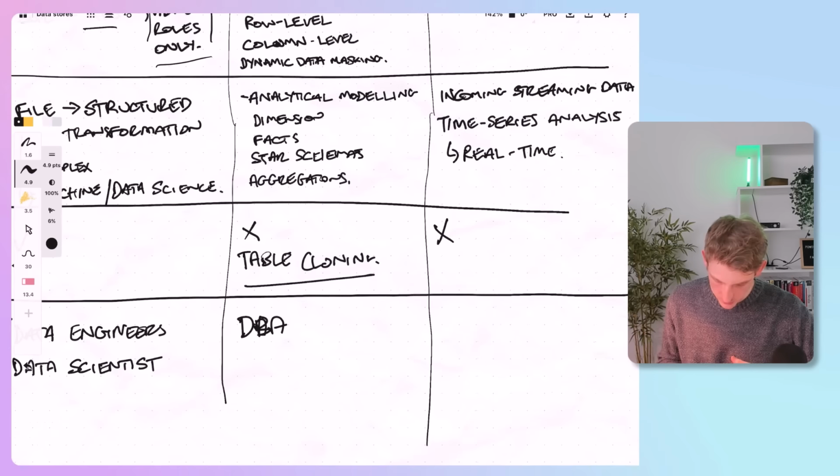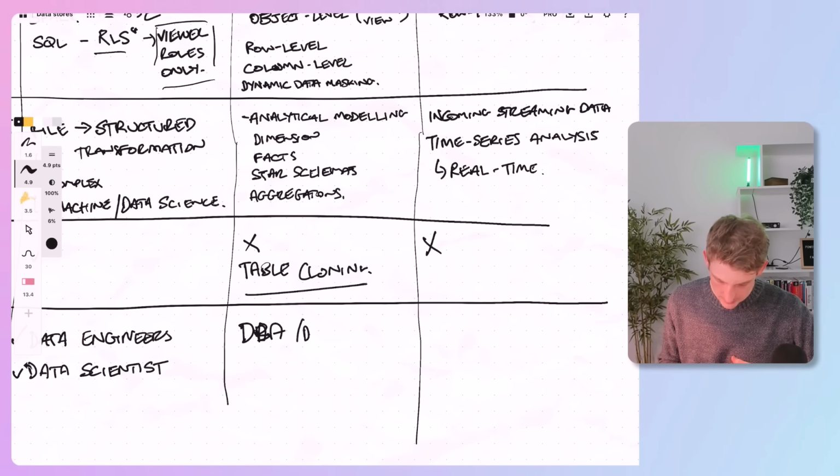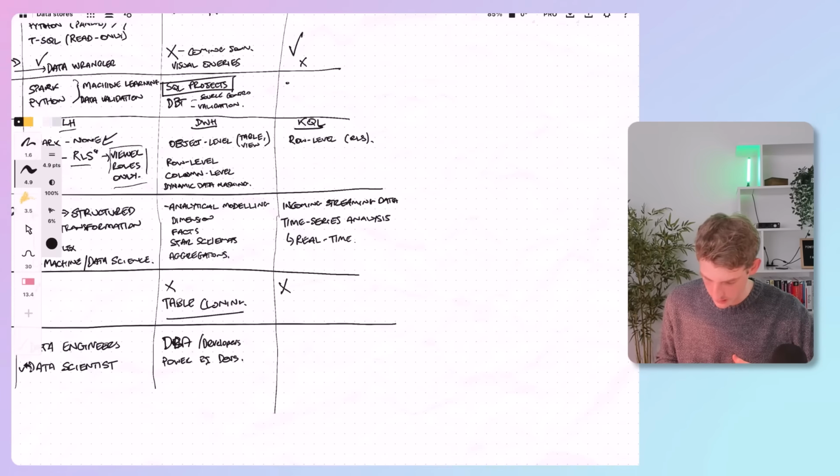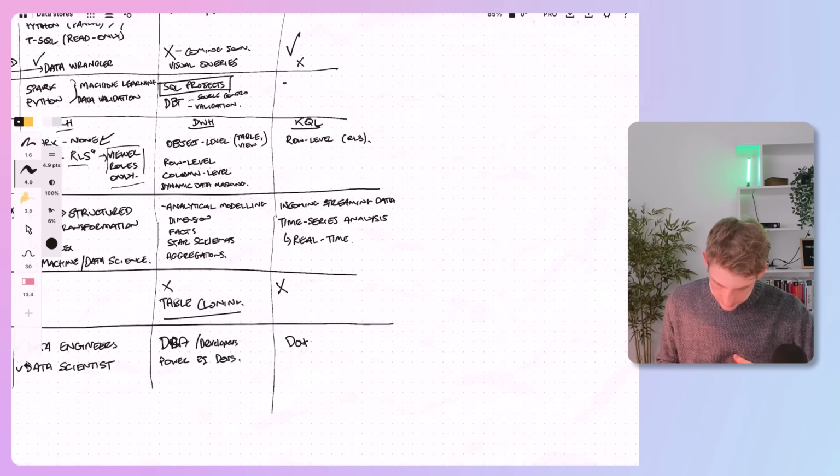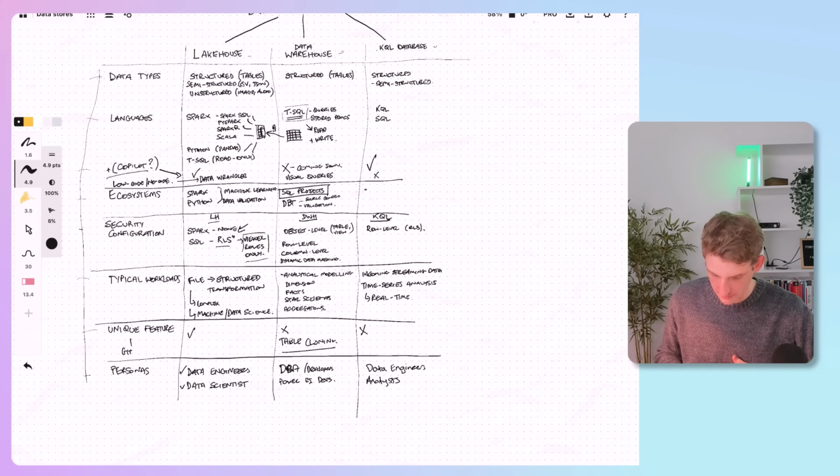Now for the data warehouse, you're going to be having DBAs, database developers, maybe Power BI developers if they know some SQL to create dimensions and facts and things like that. If they can create them for themselves, that's great. And the KQL is going to be data engineers, analysts who are comfortable with real-time and KQL. And yeah, that's basically that.